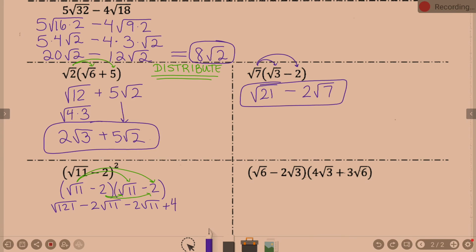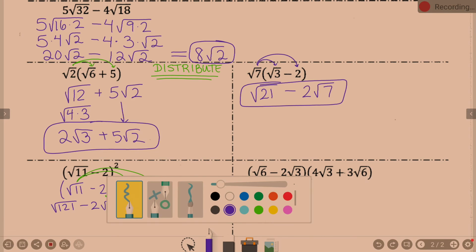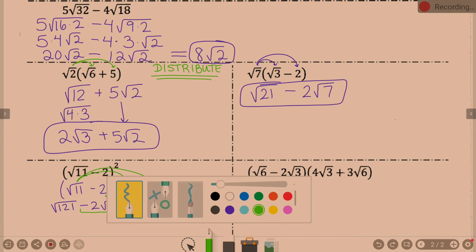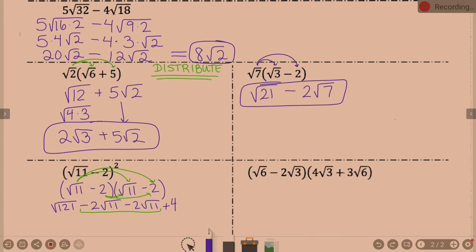Well, first of all, negative 2 square root 11, those combine. Okay, I agree. In the middle, negative 2 square root of 11 minus 2 square root of 11. Well, they're both negatives. What's negative 2 minus 2? Negative 4. That's going to be negative 4. So minus 4 square root of 11 is in the middle there.